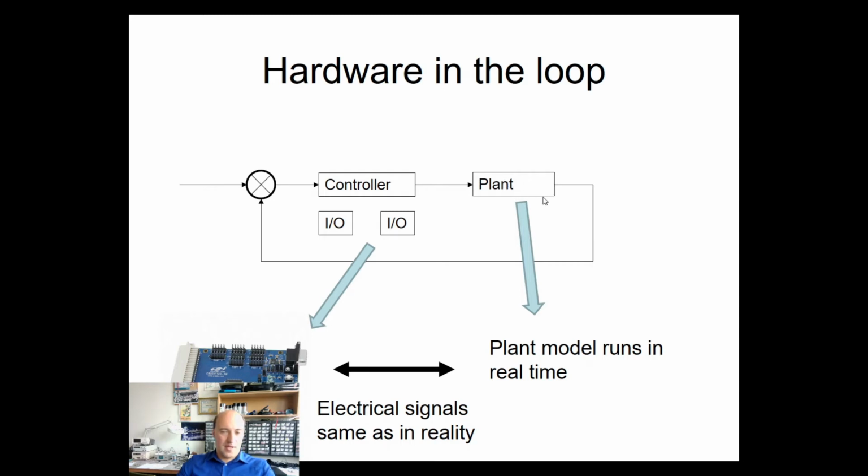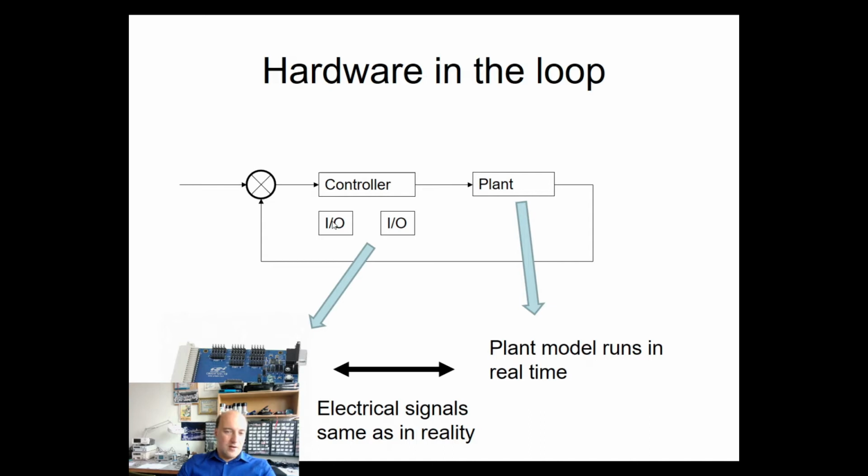So this will be the program in the computer in Simulink. And this will be the controller that we will program into our development board. Now in this picture you see a little bit different image, it's a different board, but it doesn't matter where you actually program it. The point is that here the control algorithm runs on the hardware, and here this runs in software.